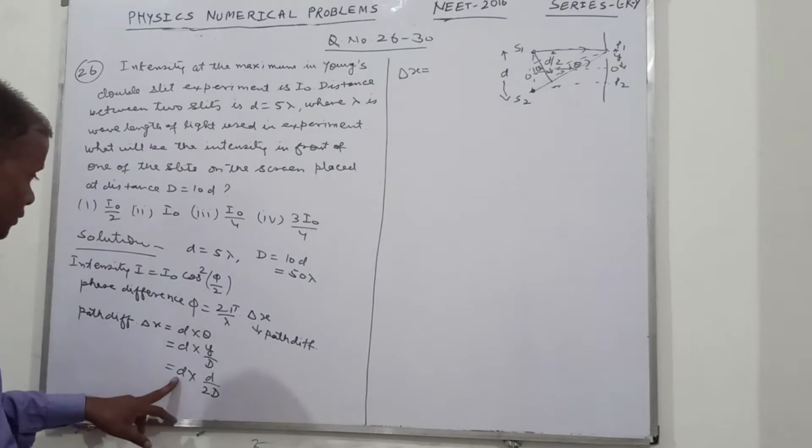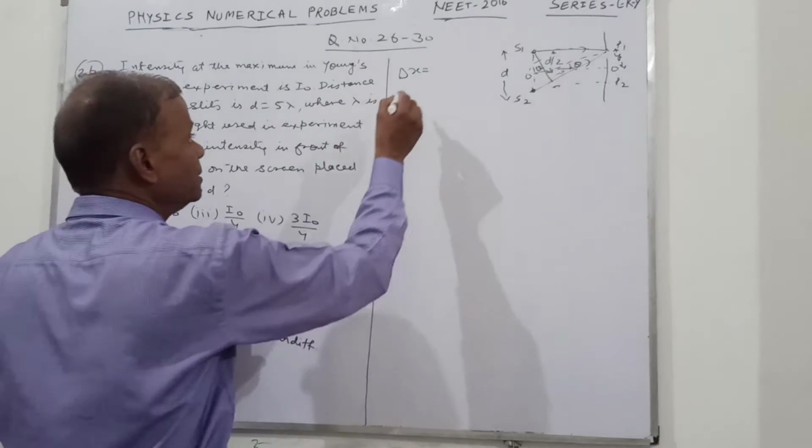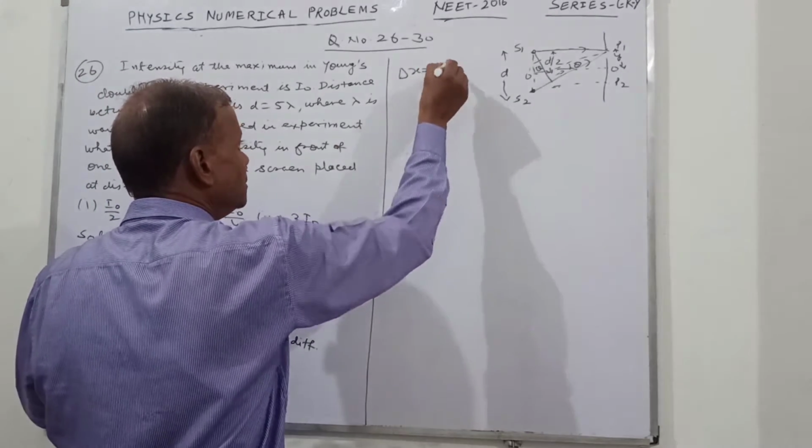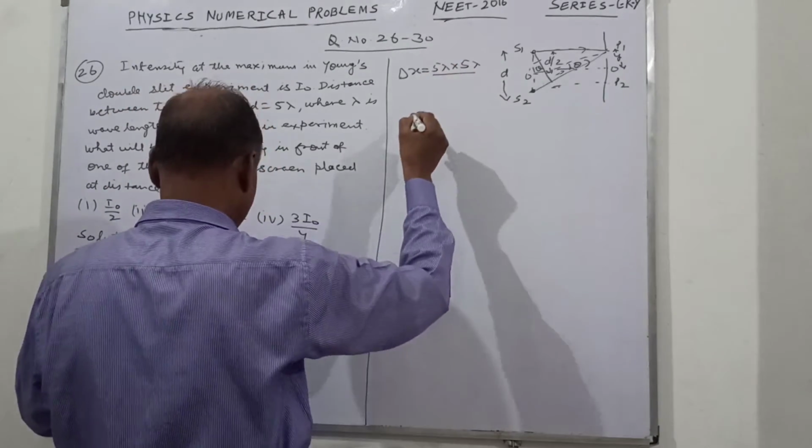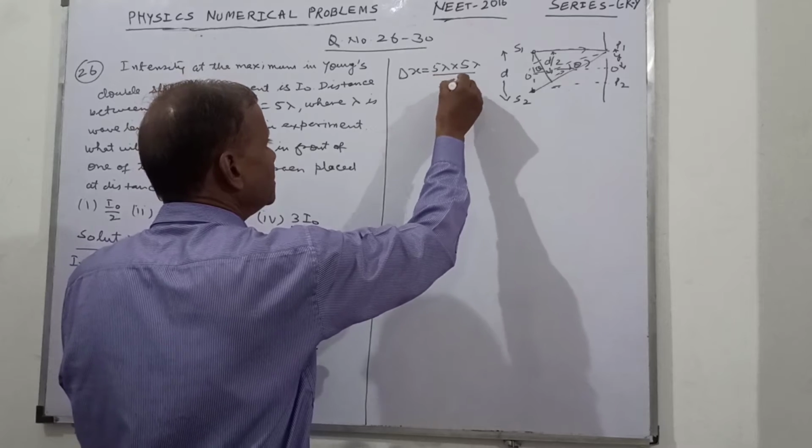Delta x equal to d into y upon D: d is given as 5 lambda, and this is again 5 lambda, and D is given as 50 lambda.